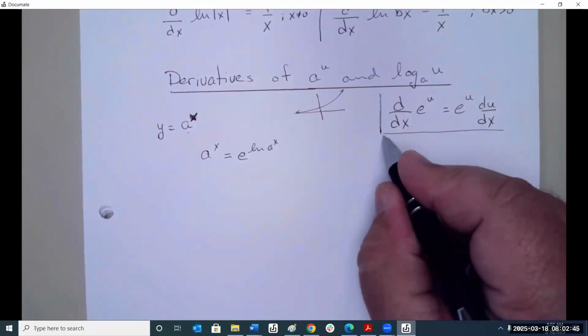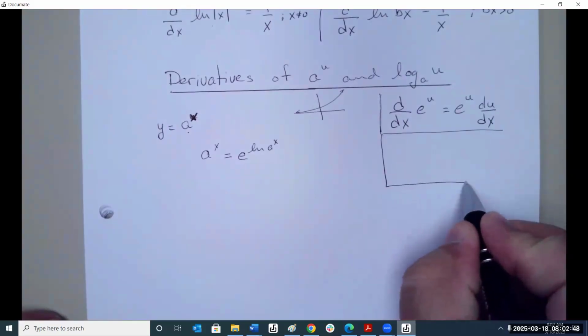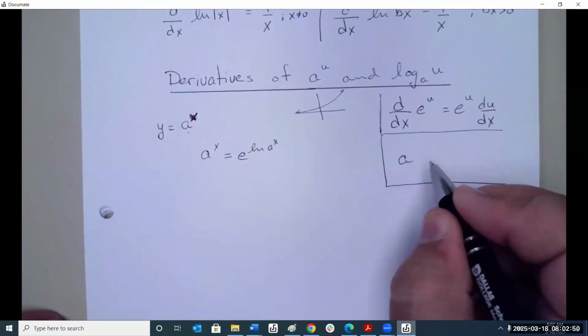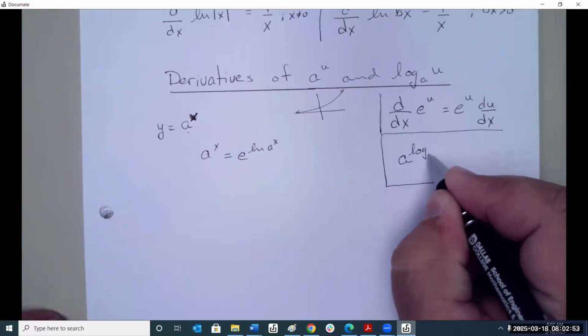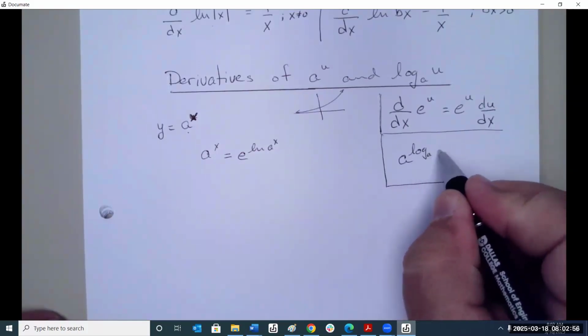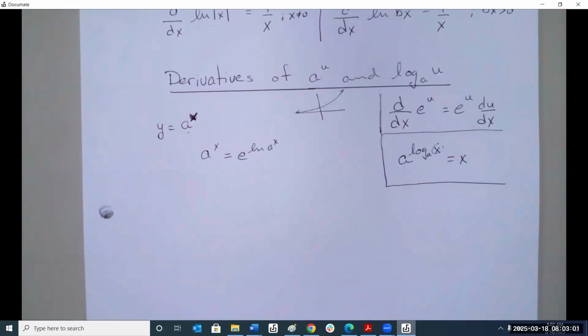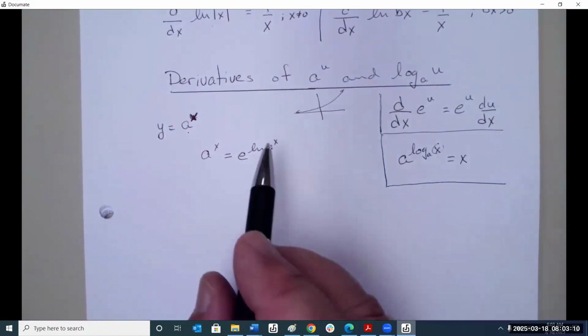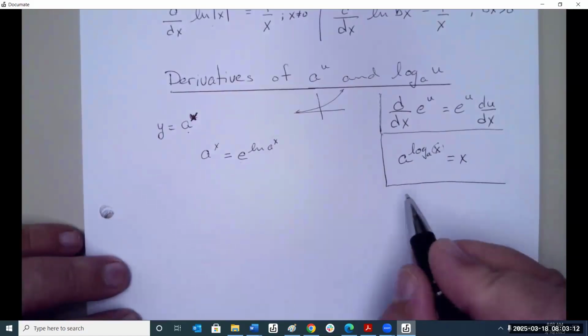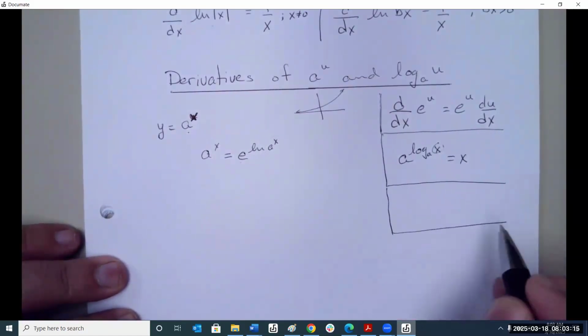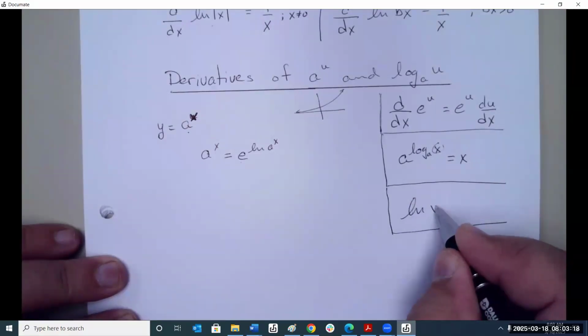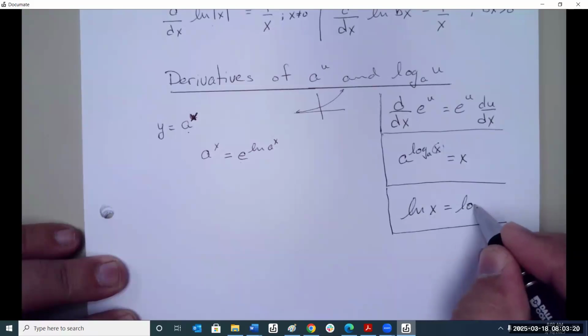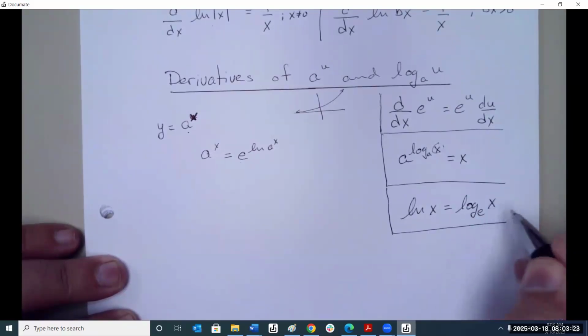Because remember the properties of logarithms, one of them says if we have the same base, the base and the base of the logarithmic function, then it equals what the operation is. That's from algebra. Since the bases are the same, they cancel. So it's just x. Also review, ln x is the same thing as log base e of x.